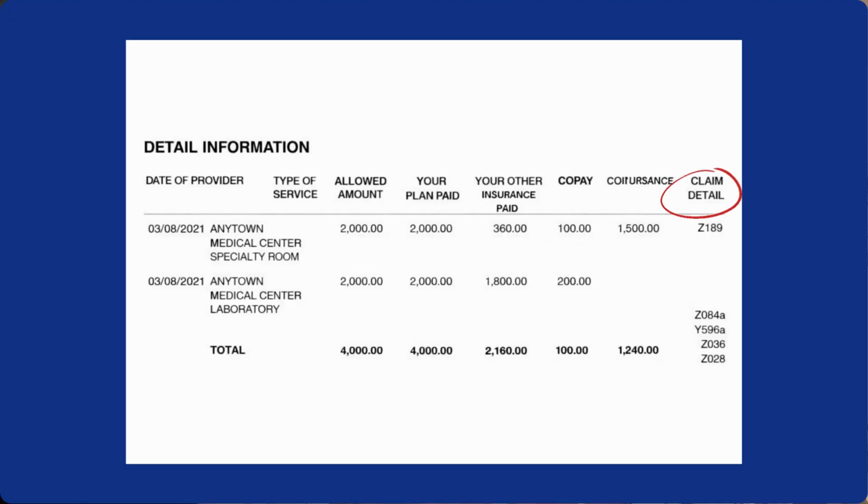Now, there's one more section on your EOB that people often overlook, and that's the description or remark section, where you may see special codes listed next to the service. These are called remark codes or denial codes, and they explain why something was not covered, denied, or adjusted.